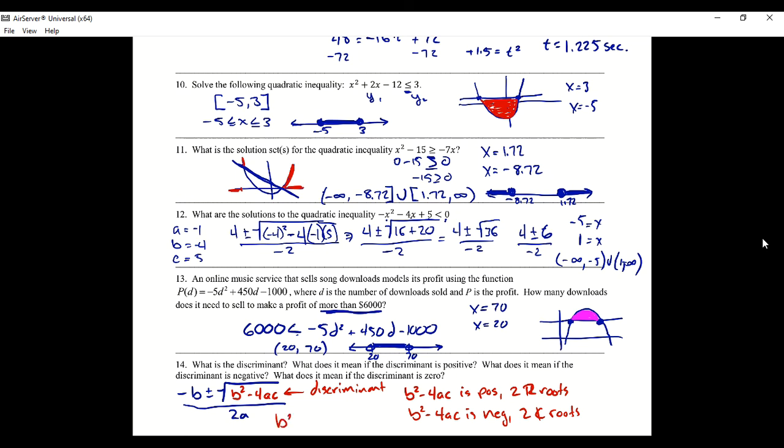And if b squared minus 4ac is 0, 1 real root. So we don't need to solve the entire quadratic formula. We need only look at the discriminant to tell us what type of roots we're going to have. All right, so that's the review in a nutshell.